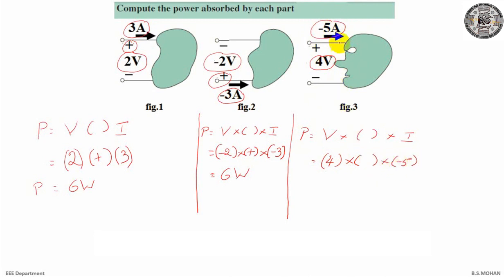Now what is the parenthesis? Where does the current hit? The current hits positive terminal first. So we'll write here plus. And now your answer is minus 20 watt. So that means this is actually delivering and these two are absorbing energy. So this is how you can use the formula to find out whether the power is being absorbed or power is being delivered.